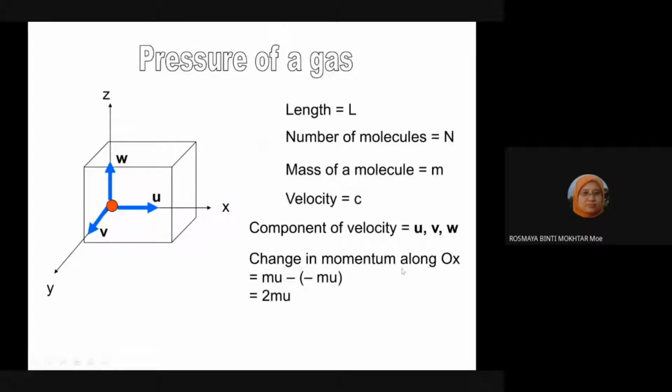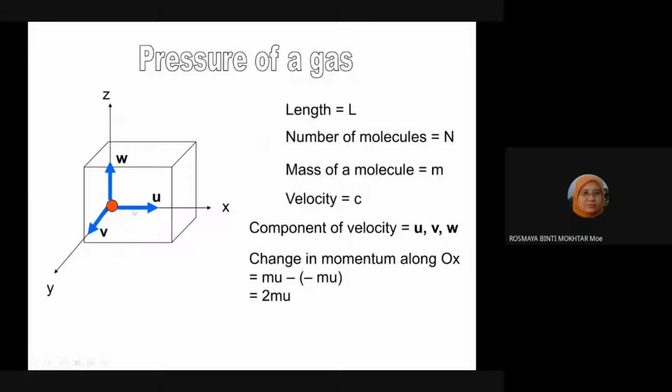We refer to the motion along X first, along OX, so the velocity used is U. The change in momentum will be mu minus negative mu, initial momentum minus final momentum.